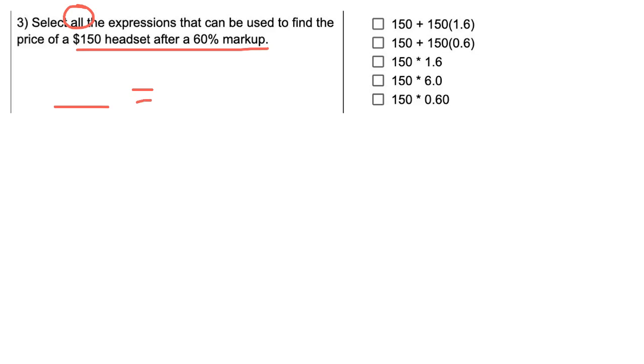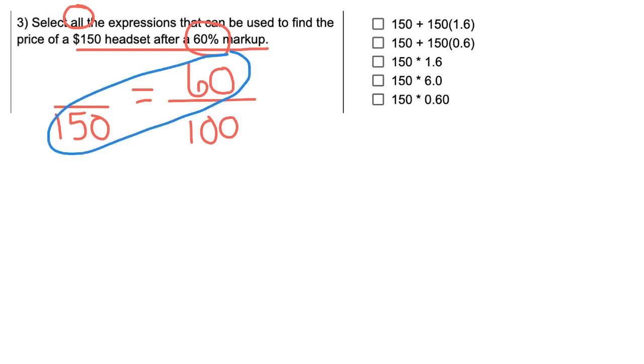So when I'm scanning, I see a percent that lives right above the 100, and the 150 goes down here. We're going to cross multiply and divide. And the markup or price change is $90. So this is the change.